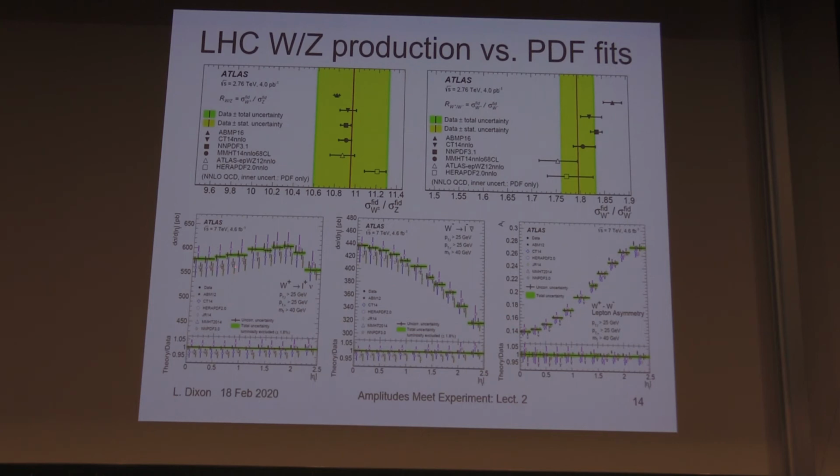In fact, they don't seem to fit very well to most of these distributions. And I'm wondering if NNPDF 3.1 was actually partly improved by taking into account some of this data. So you can see that none of the data sets here fit too well. Over here, the fit is better for the W plus W minus asymmetry. Anyway, this is still an ongoing process.